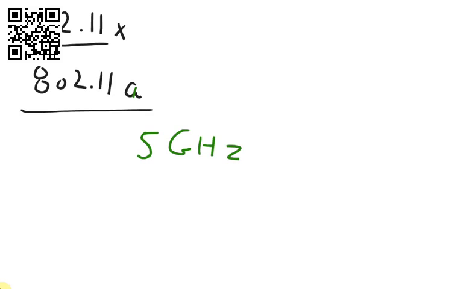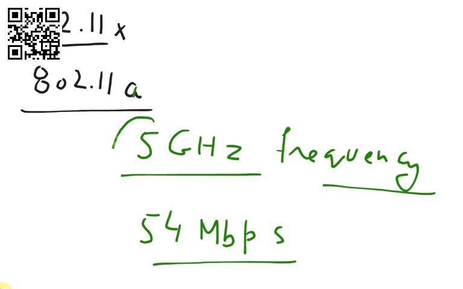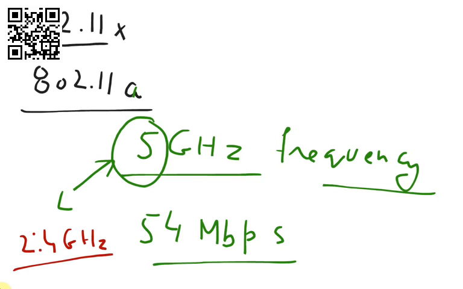I have told you that nowadays these networks are operating on 2.4 gigahertz frequency, but 802.11a used to operate on 5 gigahertz frequency, and it could support a data transfer rate of 54 megabits per second. But as it was not compatible with other networks operating at or near 2.4 gigahertz frequency, therefore it is not being used presently.